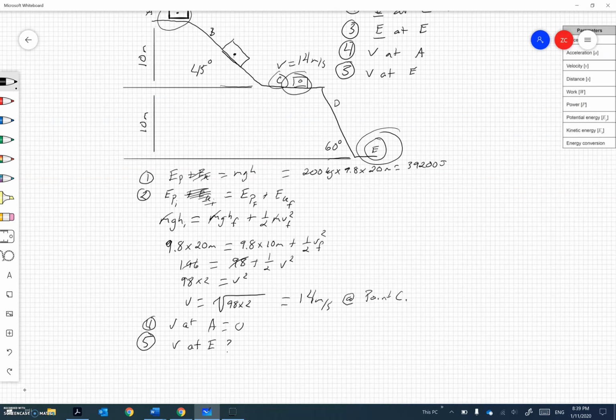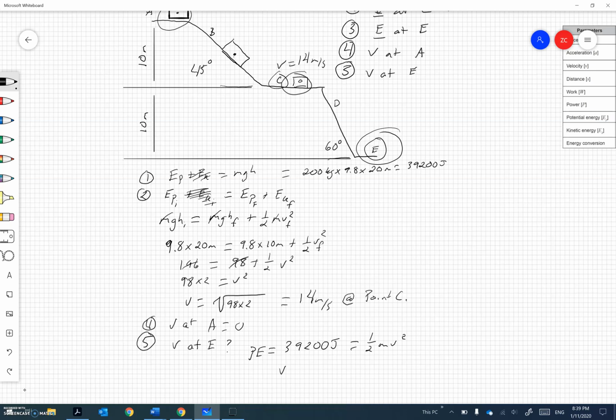Down at this point here, we could do the same equation again. We know the system energy as a whole is 39,200 joules, and it must equal the final energy. At the bottom it has no potential energy, it just has kinetic energy.